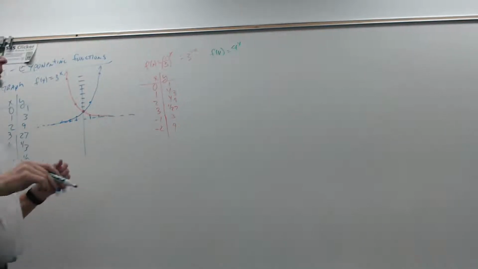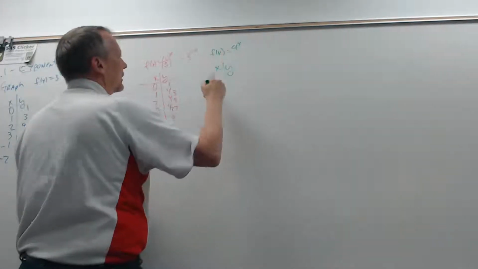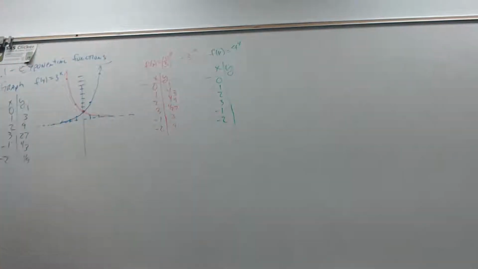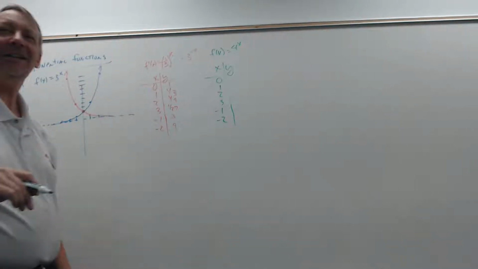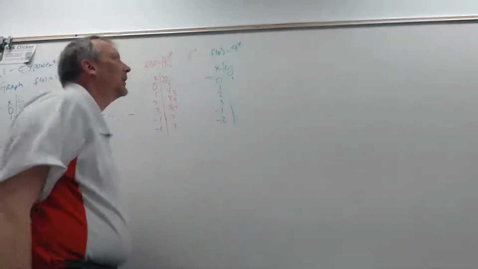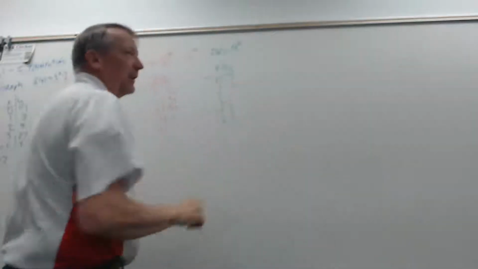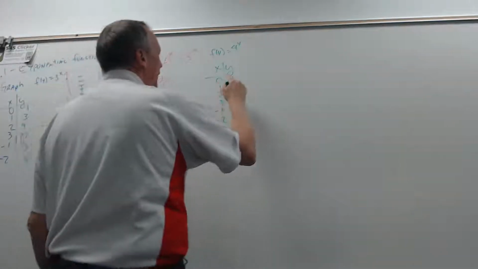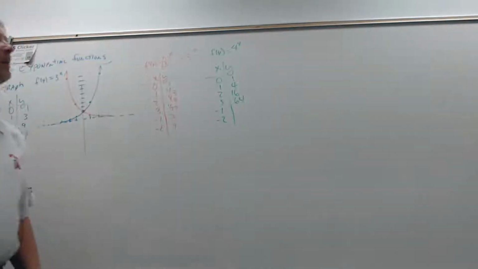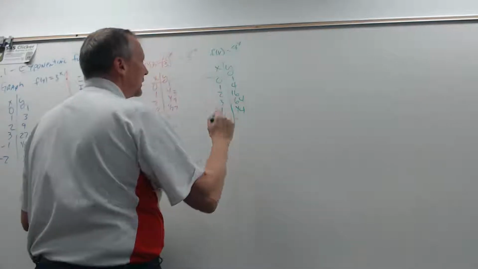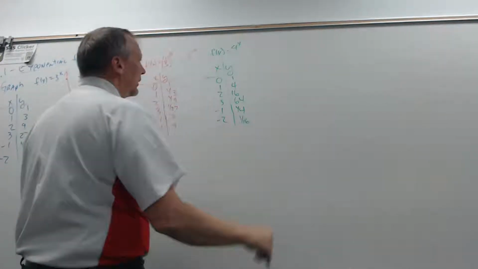What are some good points to pick? 0, 1, 2, 3, -1, -2. 4 to the 0 power is 1. But don't worry about it. 4 to the first power is 4. 4 squared is 16. I won't make you do 4 to the third, but it is 64. 4 to the minus 1 is 1/4. 4 to the minus 2 is 1/16. Okay, so let's do this.